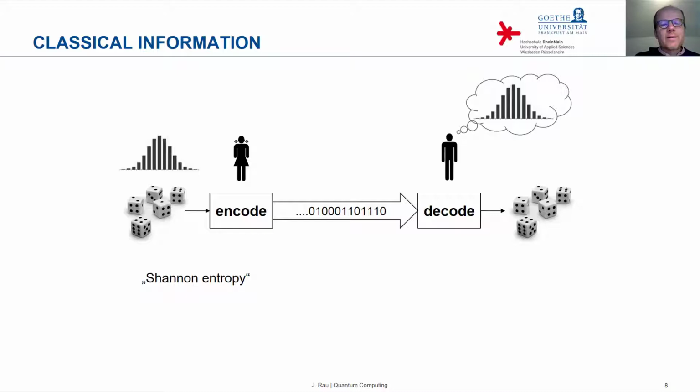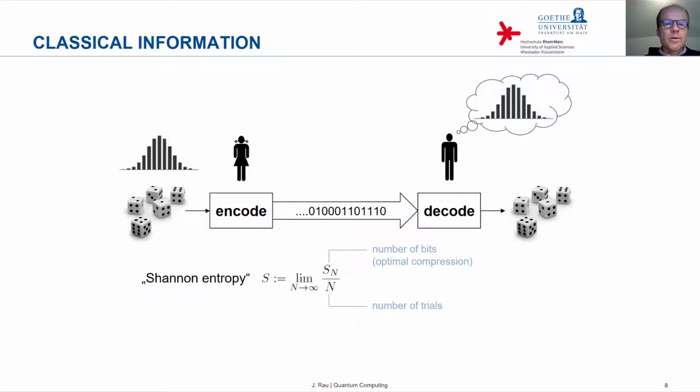Now, if Alice performs the random experiment n times, so there are n trials, here for example, let's say 5 times rolling a die, then if she uses optimal encoding, maximum compression, let's denote the number of bits that she needs, or the length of the bit string, by Sn.